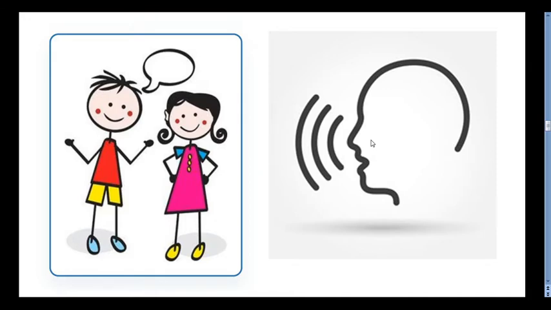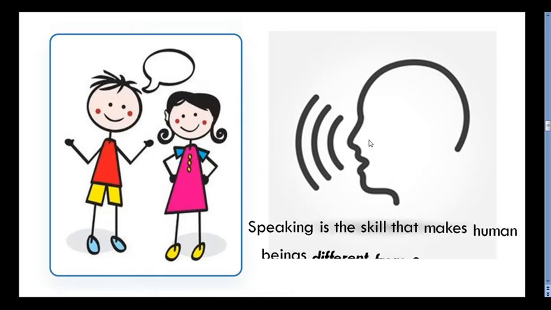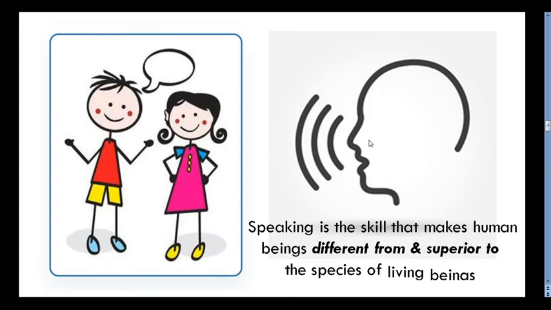At the same time, dear students, speaking is also the skill that makes a human being different from others. Because of this skill, human beings are called superior animals compared to other living beings or other species.